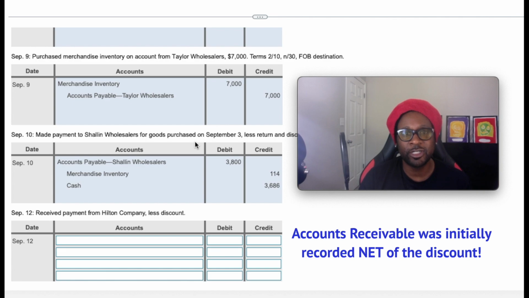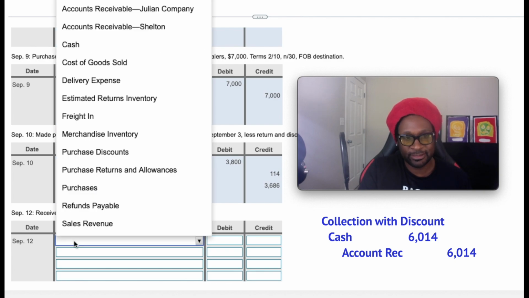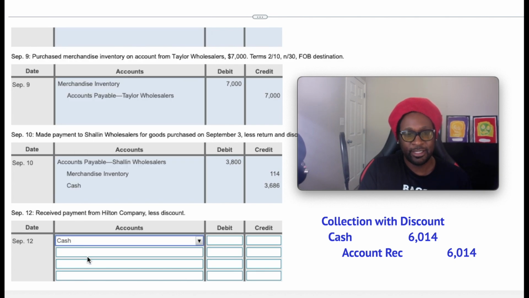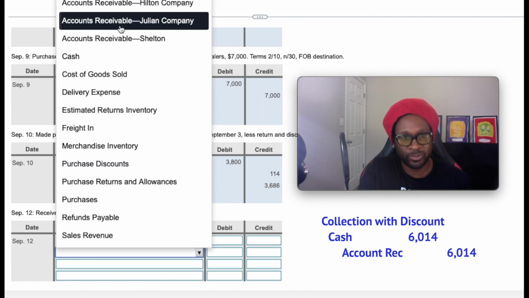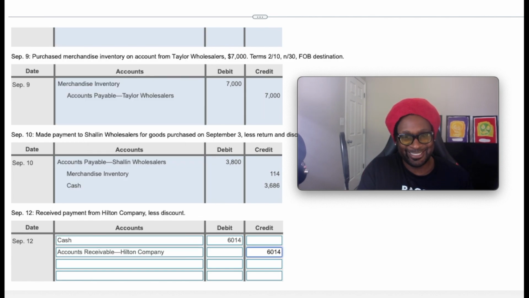So initially we recorded the net amount of sales revenue of $6,014, and since the company actually did pay us within that discount period, we're going to reduce accounts receivable for the same amount. Thus, debiting cash and crediting accounts receivable for the $6,014. We're going to check the answer.